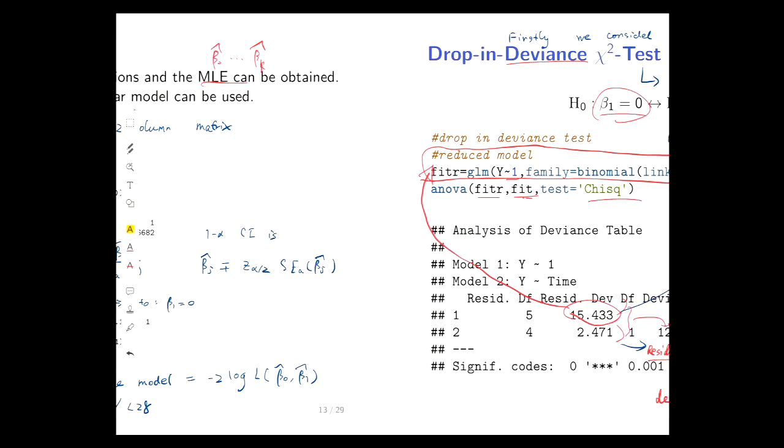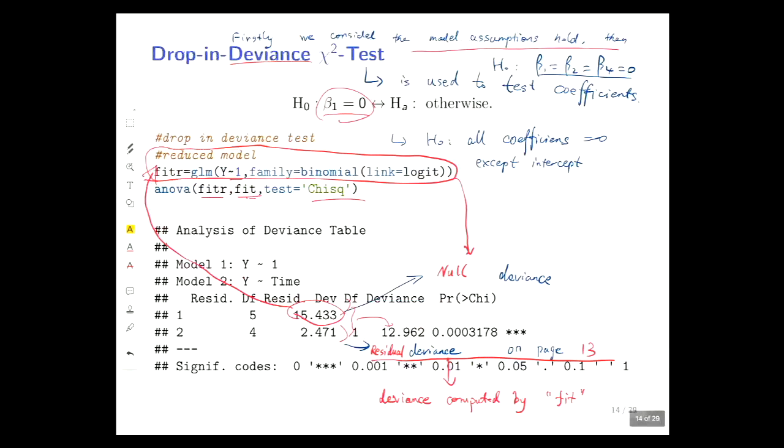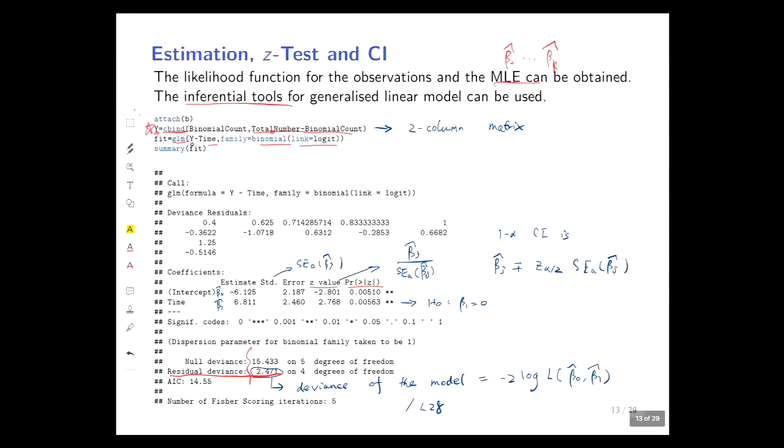These two quantities also appear on page 14. So you need to understand which one is the deviance of the full model and which one is the deviance of the reduced model. By using this kind of output, the null deviance and the residual deviance, you need to compute the dropping deviance test statistic, and also use the test statistic to perform the chi-square test, the dropping deviance chi-square test. So that's the requirement.